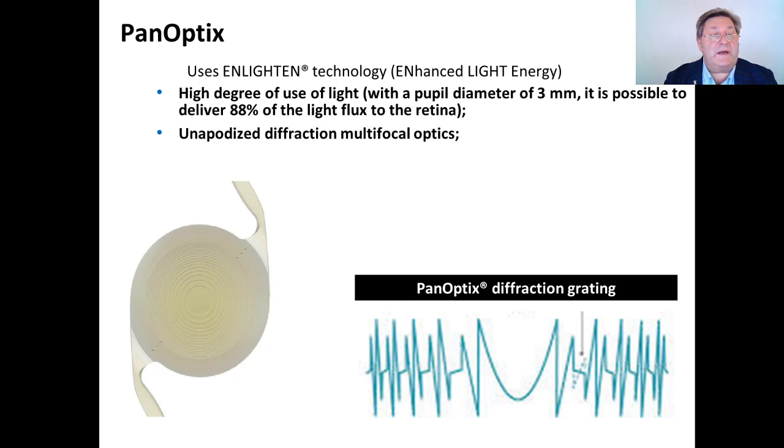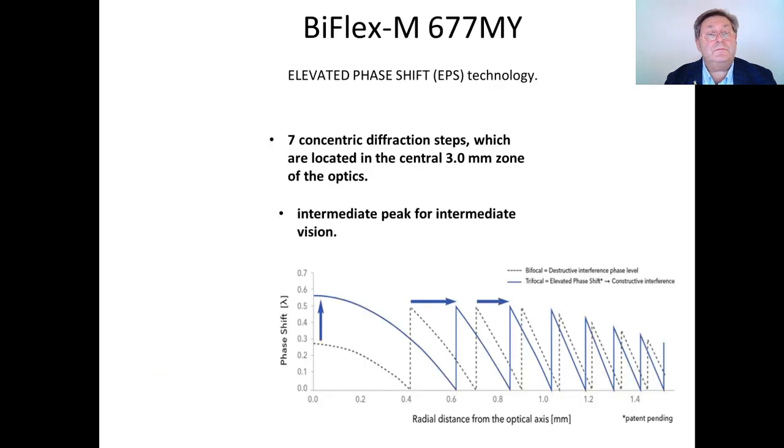And in contrast, diffraction multifocal optics, Biflex, elevated fast shift technology, 7 concentric diffraction steps which are located in the central 3.0 mm zone of the optics, intermediate peak for intermediate vision.